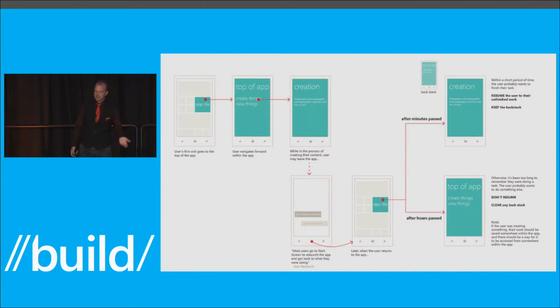Hours have passed. Perhaps not so likely that they want to continue with whatever they were doing. So clear the backstack. Make sure that they get a fresh feeling and start the application as if it was a new instance.